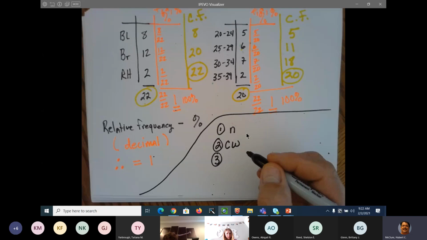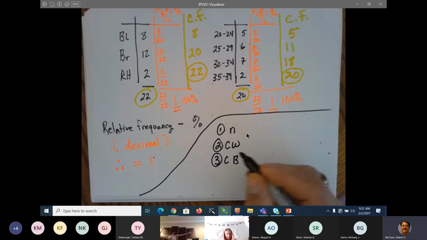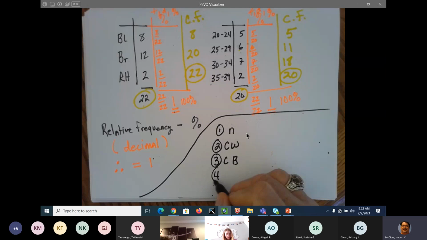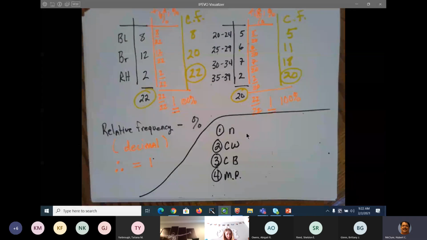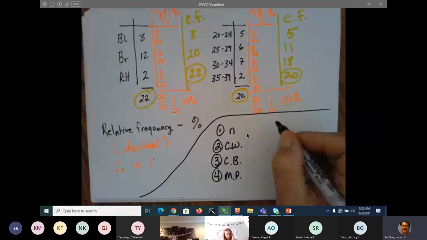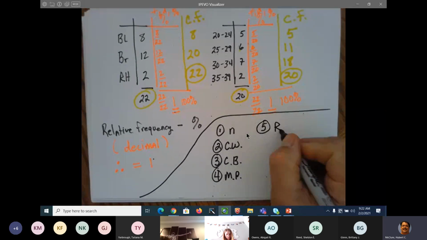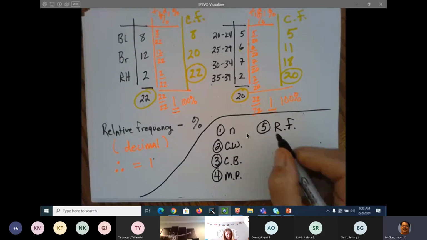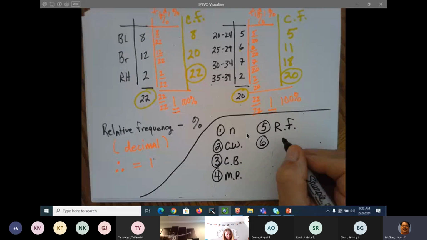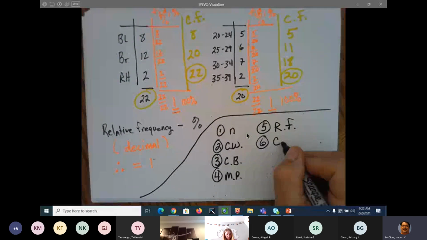The class boundary. After the class boundary, you should be able to find the midpoint. After the midpoint, you should be able to find the relative frequency. And after the relative frequency, you should be able to find the cumulative frequency.